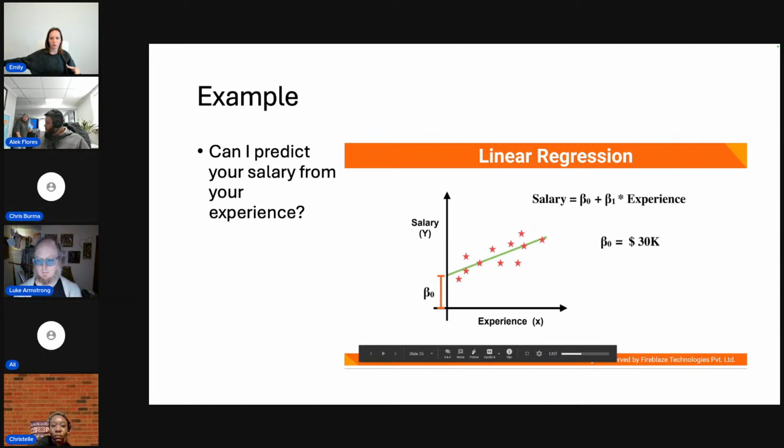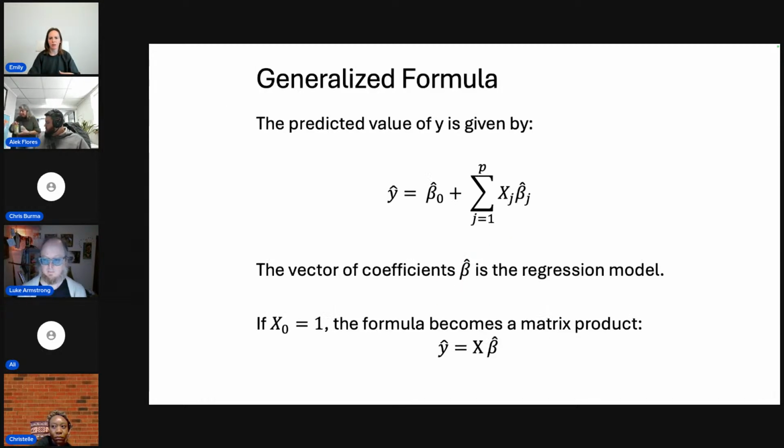So if we could add more information to this model, how would we write a more generalized formula to encompass that? I wish I had a whiteboard. Let me see if I can actually draw this.